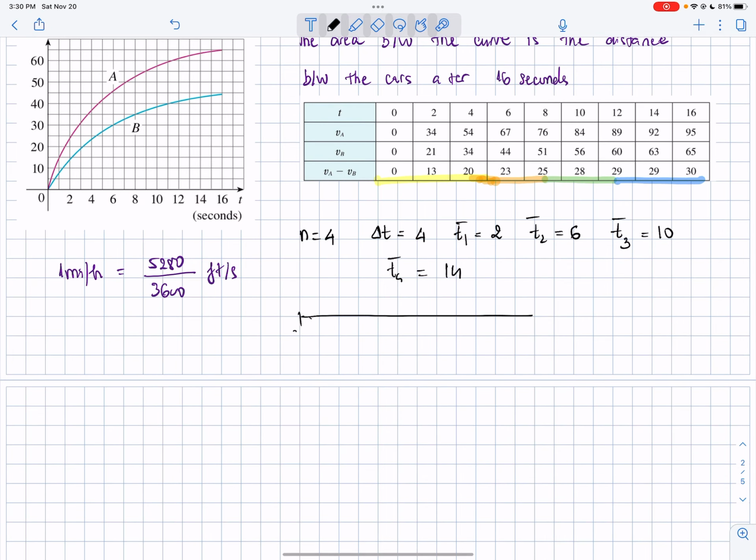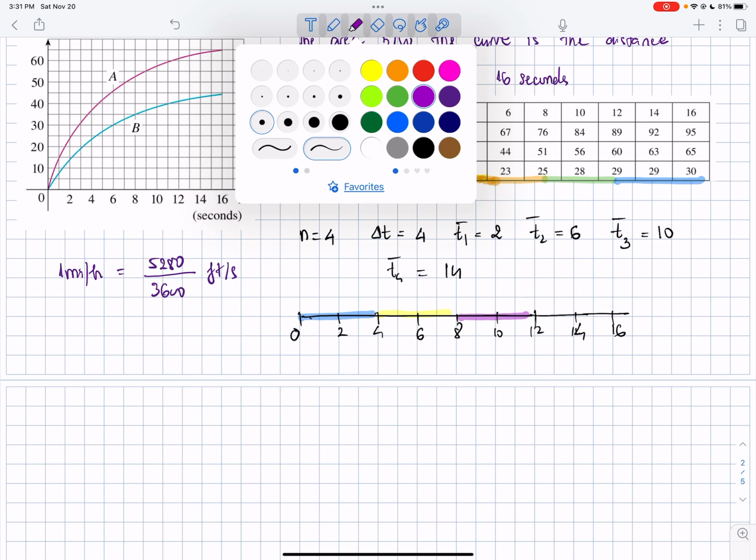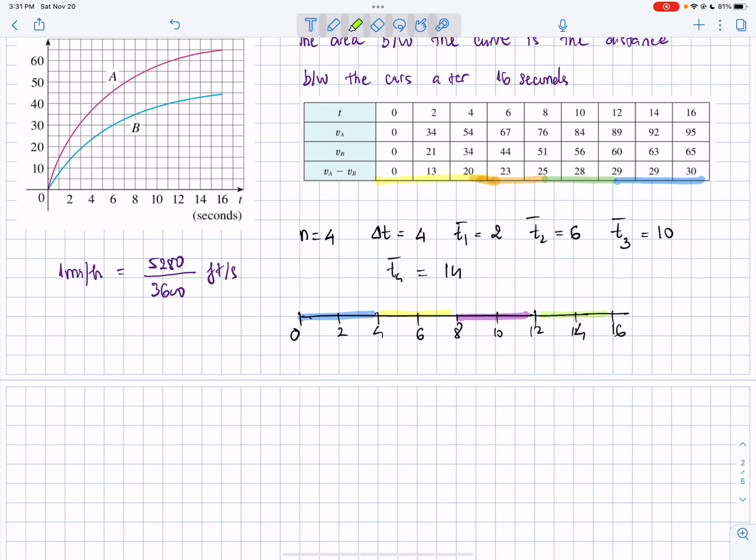So we have 0, 2, 4, 6, 8, 10, 12, 14, and 16. We have from 0 to 4, from 4 to 8, from 8 to 12, and from 12 to 16. The midpoints will be 2, 6, 10, and 14.